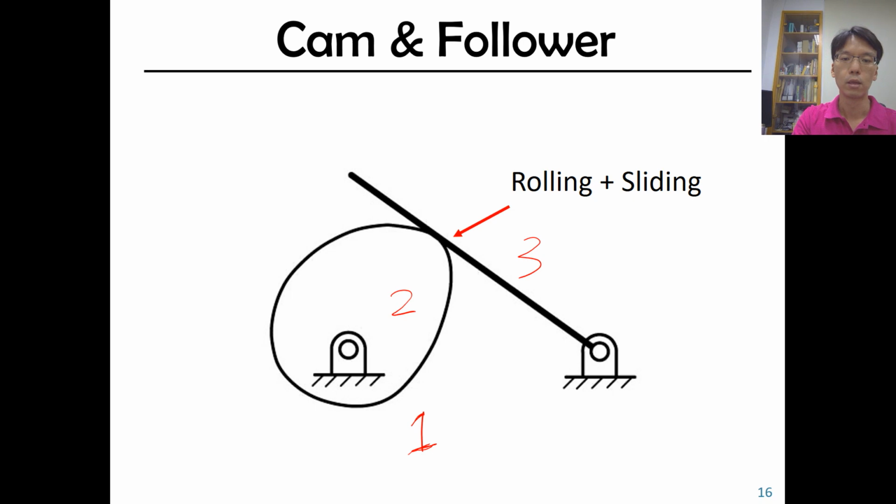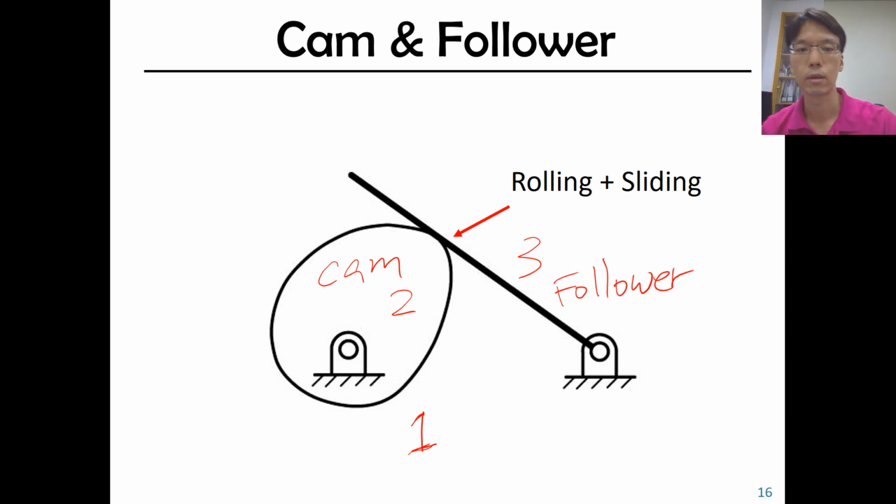Right now, this cam and follower mechanism, this one is the cam. So we use a cam as a driver, and this follower, bar 3, link 3, is driven. There's a joint here between bar 2 and bar 3, or link 2 and link 3.